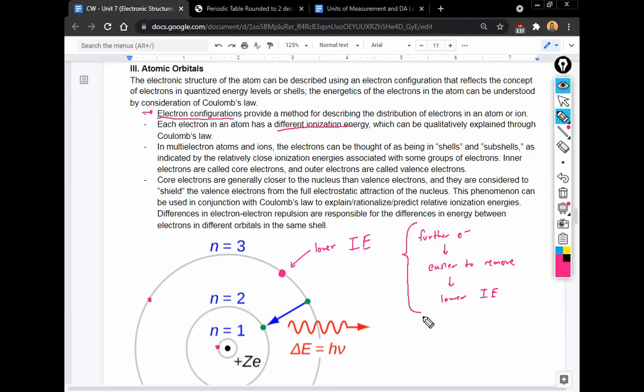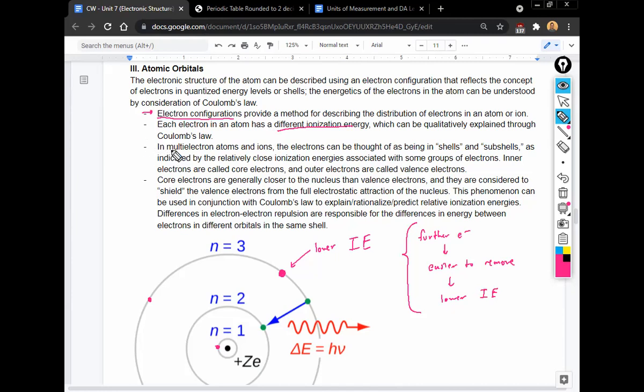So the further away it is, the easier it is to remove, which means a lower ionization energy. So basically, the higher the shell number, the easier it is to take away, which makes sense. Okay.